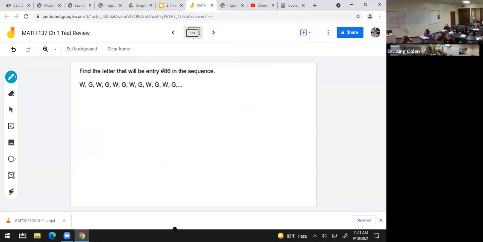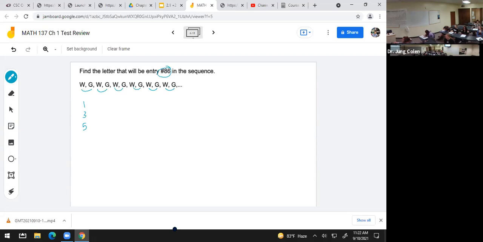Here, sequence. This is fun. We're going to find the letter that will be the entry at number 86. So the 86th letter. What do you see here? W, G, W, G, W, G, W, G. It's just alternating W with G, right? So it's kind of easy, right? What we need to figure out here is, this is the first term, then the third, the fifth.